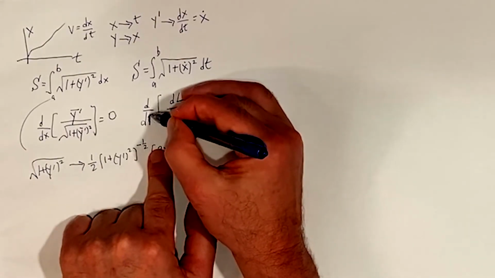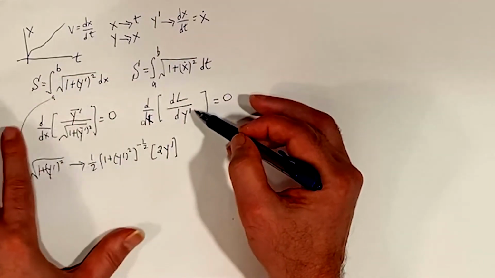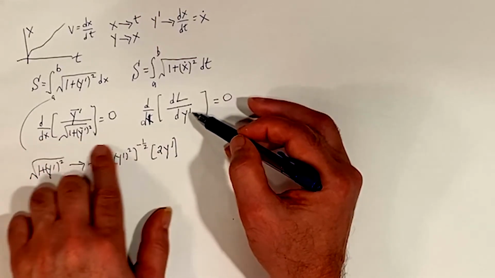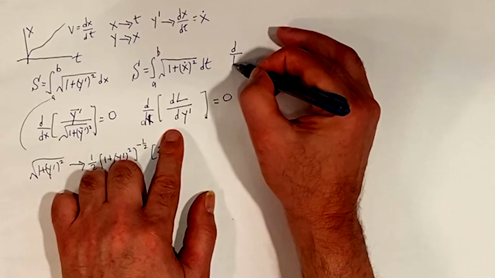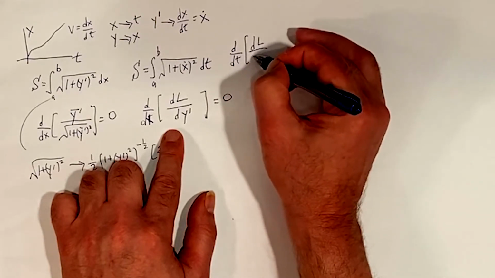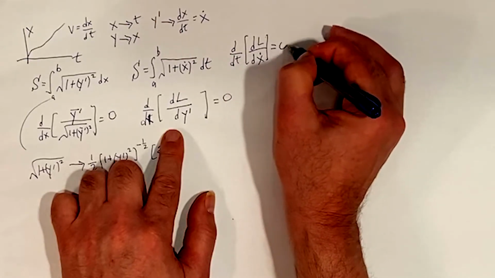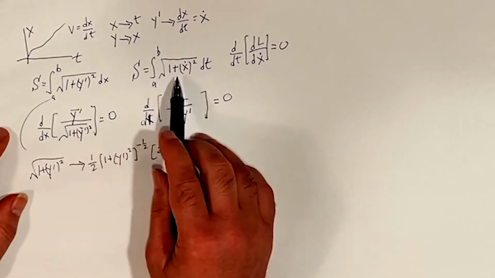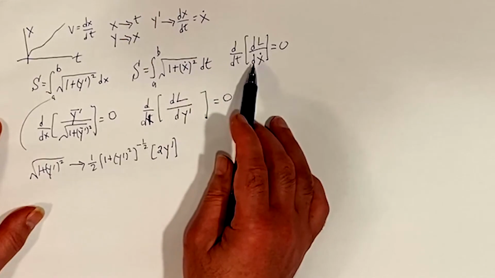This is actually in terms of x, not doing the substitution yet, just to have what we have in the old case. But now we're going to do the substitution, and that's d/dt of dL/dx dot equal to 0. So when the L is only a function of x dot, then that's what you get.